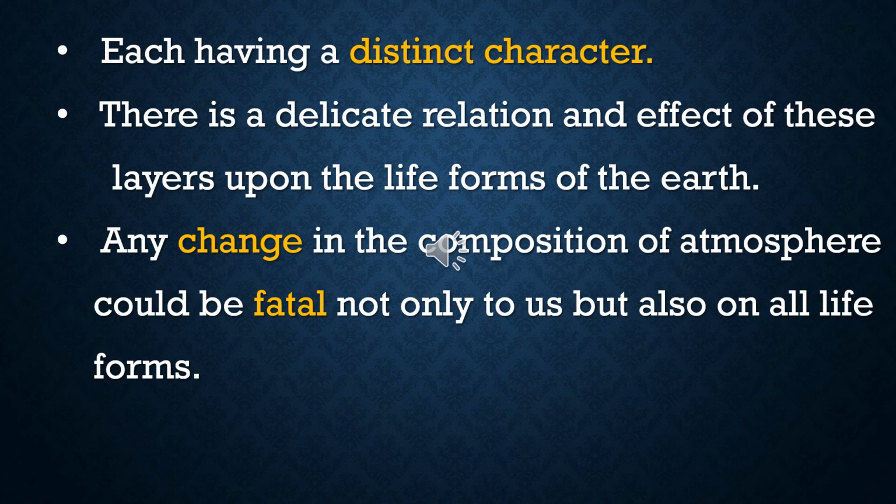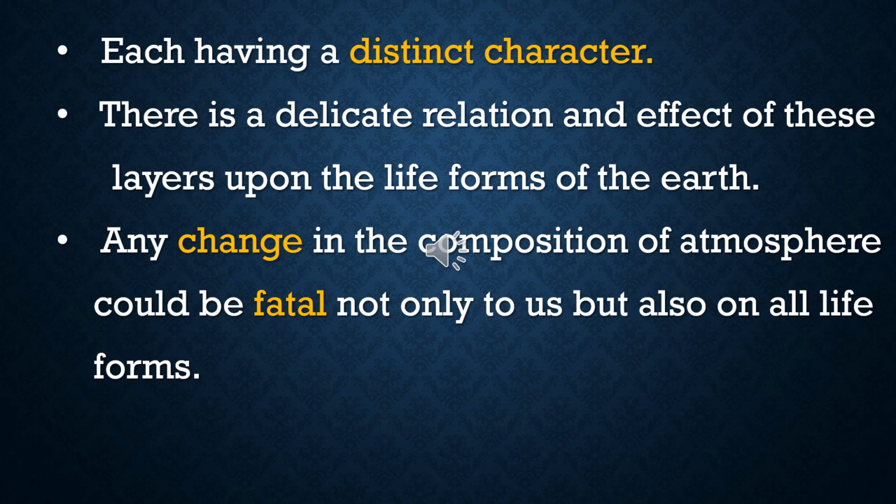Any change in the composition of atmosphere could be fatal not only to us but also to all life. It means if there come some changes in the composition of atmosphere. Actually, here they are talking about the ozone layer and about the composition of the atmosphere, about the percentage of the gases of nitrogen, oxygen, carbon dioxide, etc. They were talking in slide number 3.